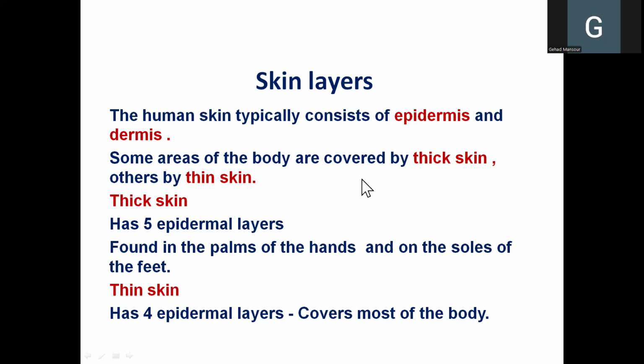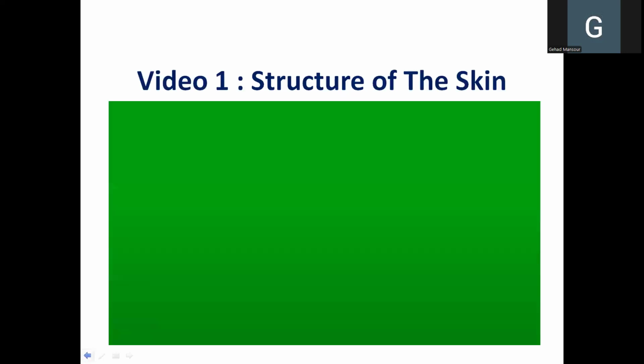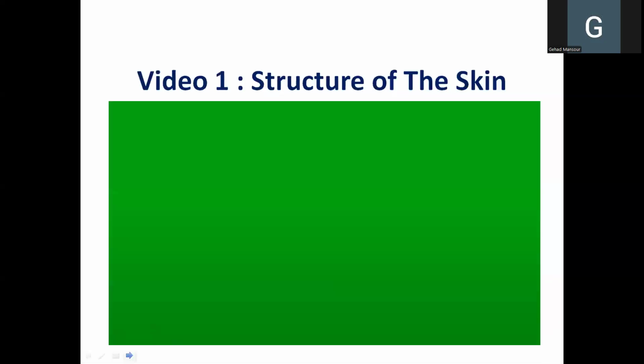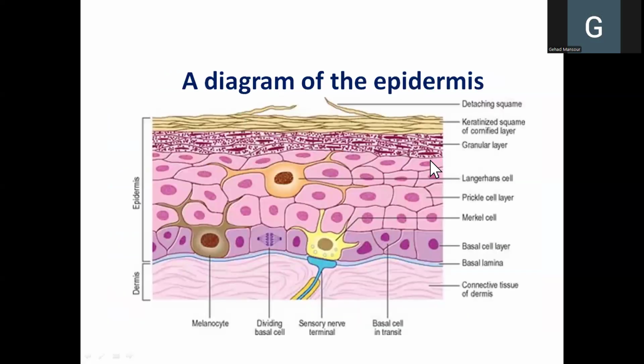The epidermis, as I said before, consists of several layers. If we go forward, I'm sorry, to see the layers of the skin, we will find that the epidermis itself, which is the uppermost layer of the skin, consists of several layers, like the basal cell layer or the germinating layer that we talked about before, the prickle cell layer that consists itself of several layers, and then the granular layer, and then this uppermost keratinized or desquamated layer that consists of dead cells.